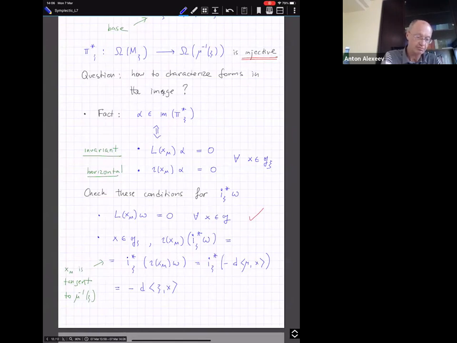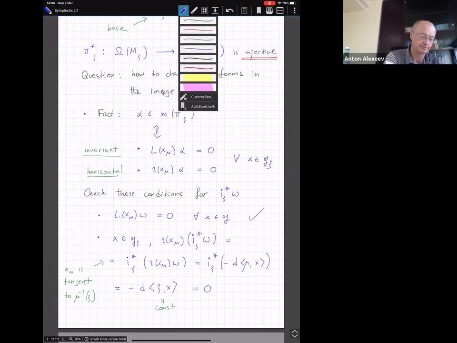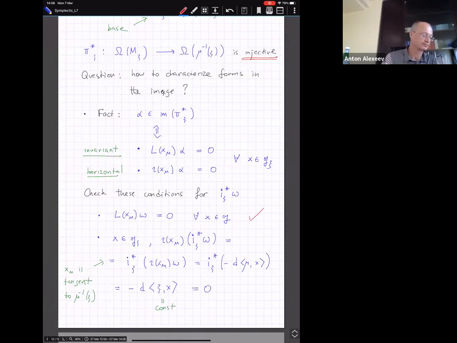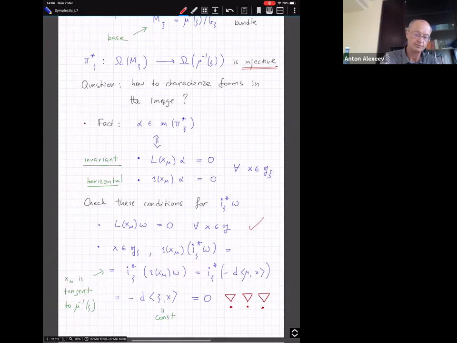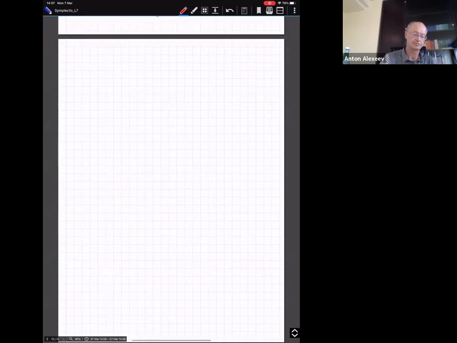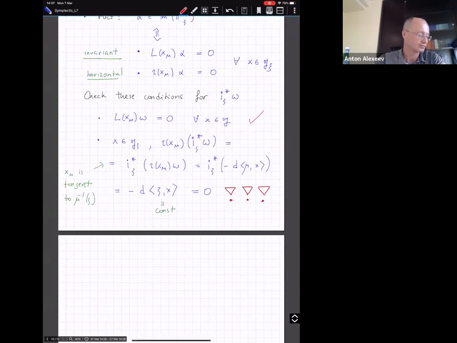But psi x is simply a constant, so its de Rham differential is equal to 0.